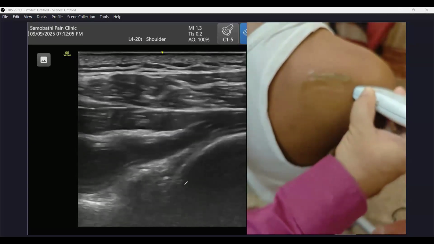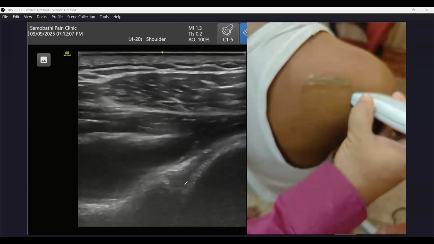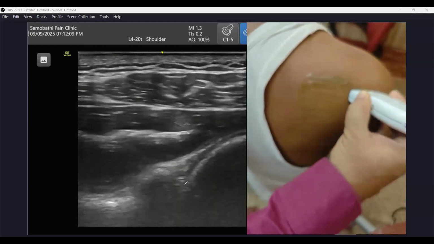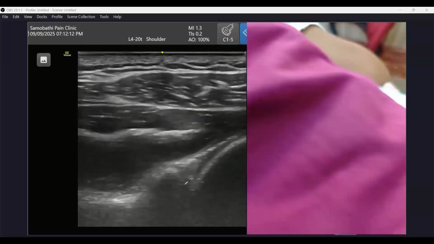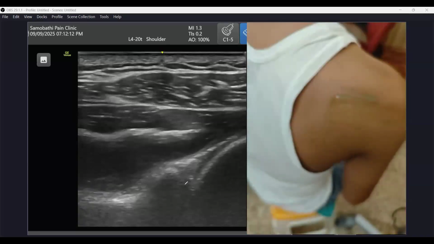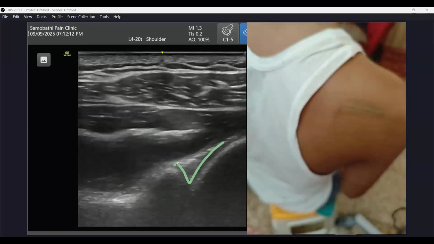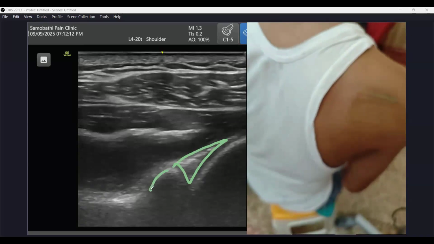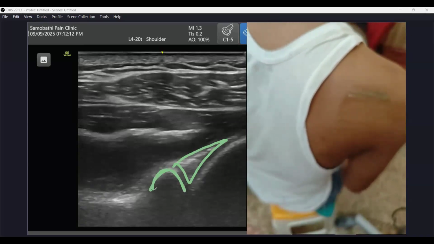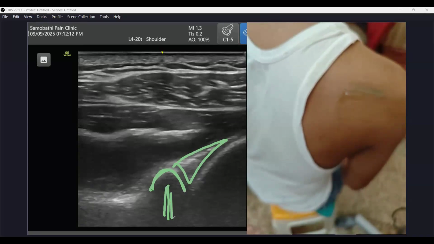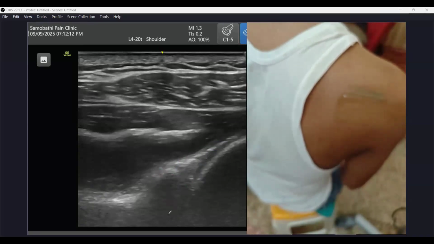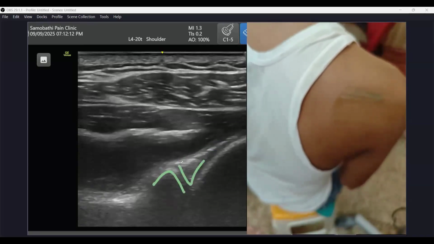You can see that rounded structure is moving, that means it is the head of humerus. Once you have found the head of humerus, you can clearly understand that this triangular structure is nothing but the labrum, and this part is the glenoid bone. You can see that this part has a complete acoustic shadow, that means this is the bony part, and this part is the labrum.